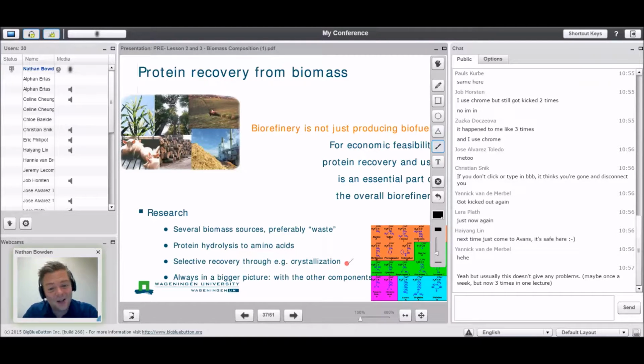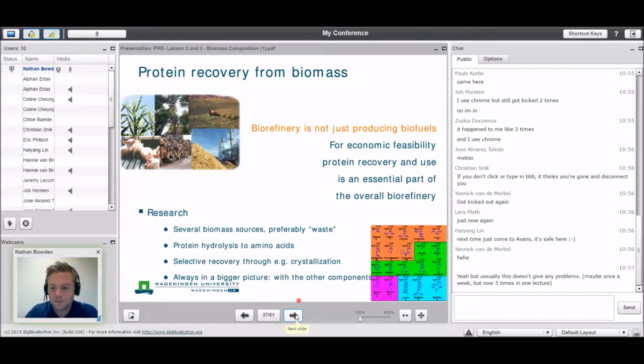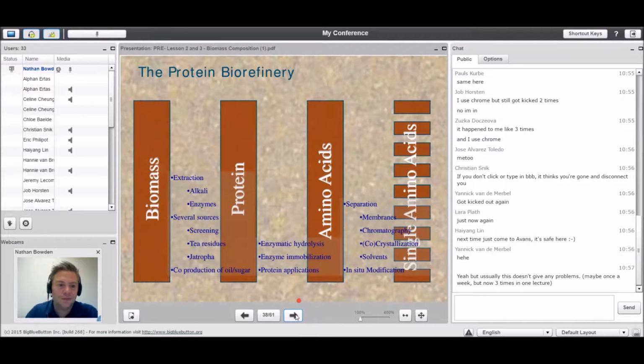Again, I didn't make this slide, but this person's brilliant, because this is exactly what I believe. And in the bigger picture, with other components: proteins, amino acids, crystallization, as a beginning step before making biofuels.